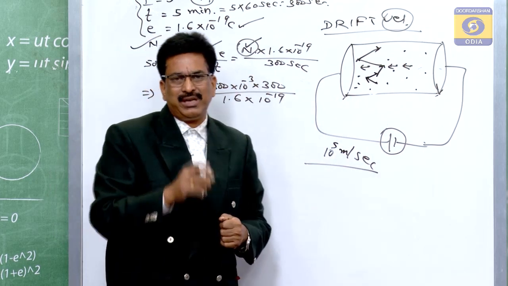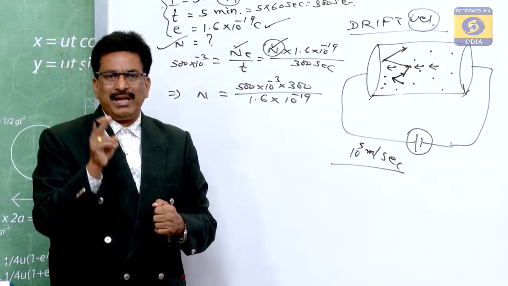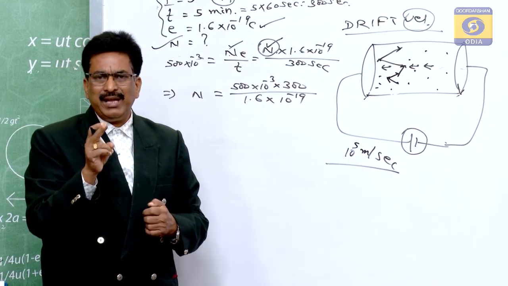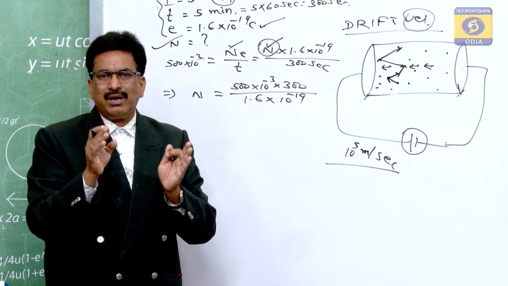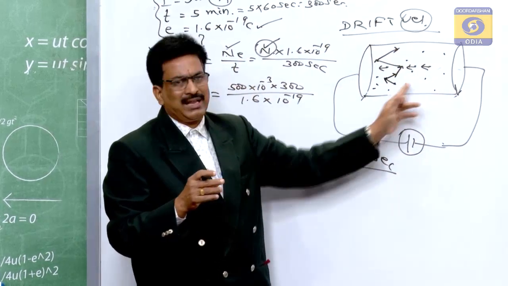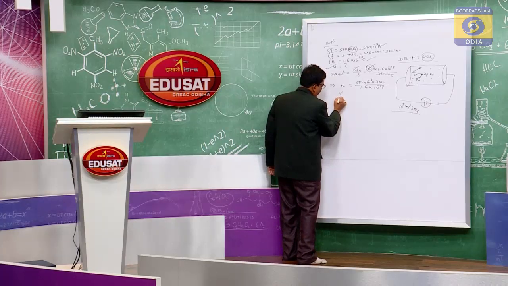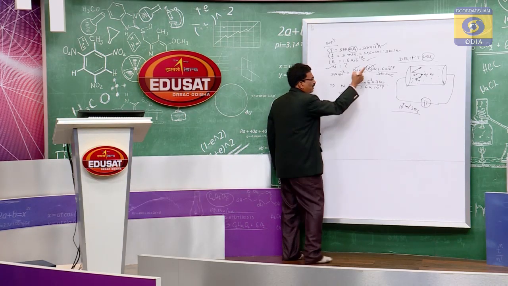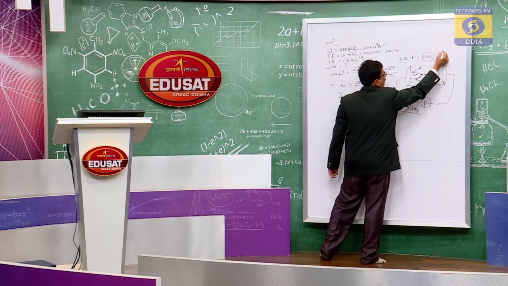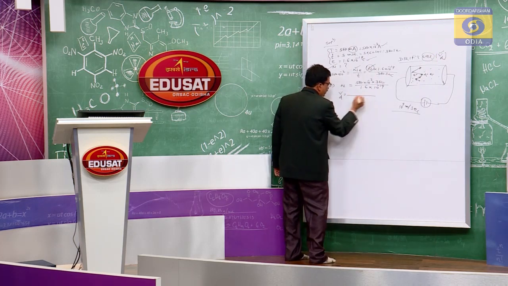So drift velocity in physics is defined as the average velocity that a charged particle, such as an electron, possesses in a material due to the electric field. If Vd is the drift velocity, V means velocity and D means drift, then the drift velocity is the average.